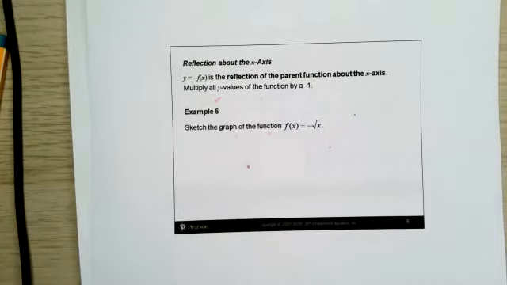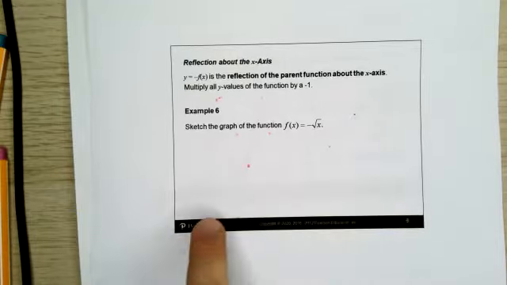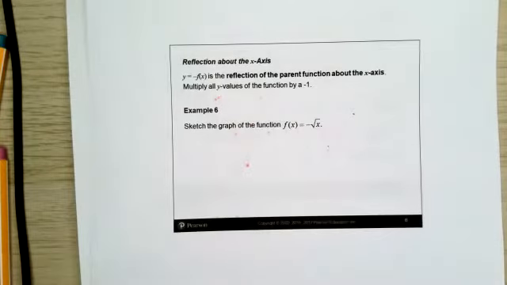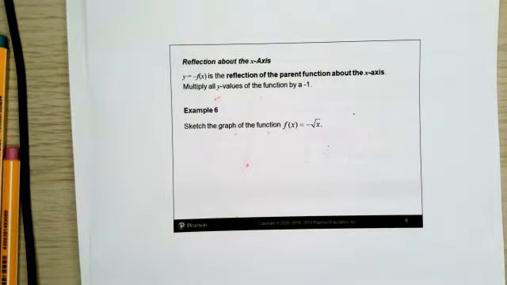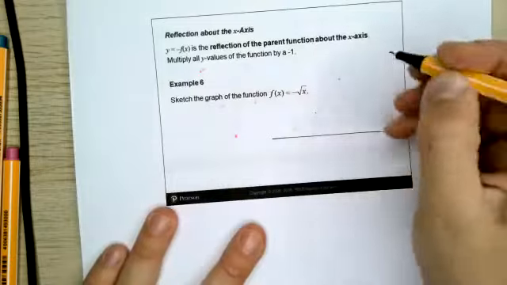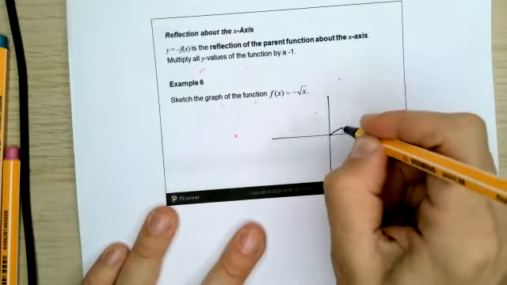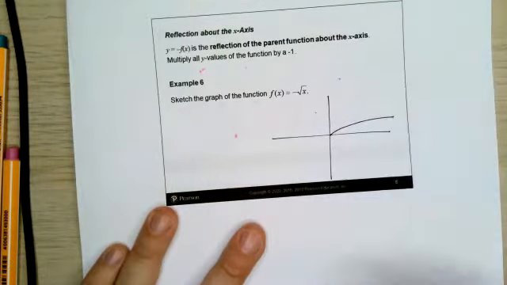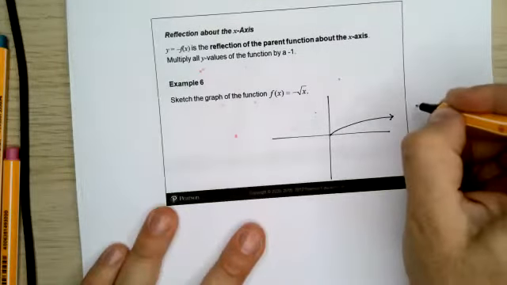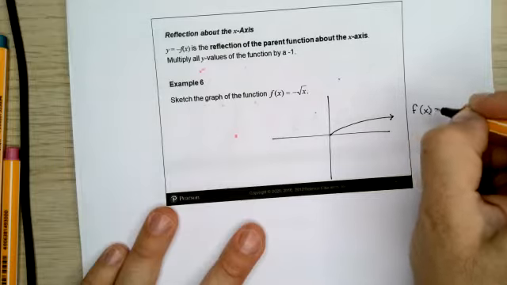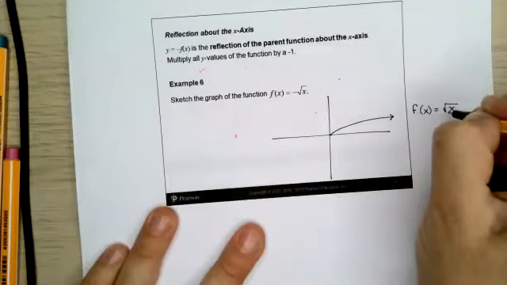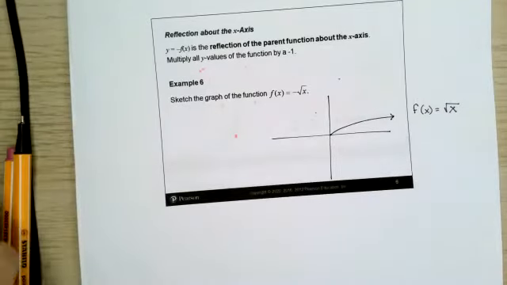Number 6 is talking about reflection. Reflection on the x-axis. We've already done it, right? This is the square root of x, looks like that. Good.